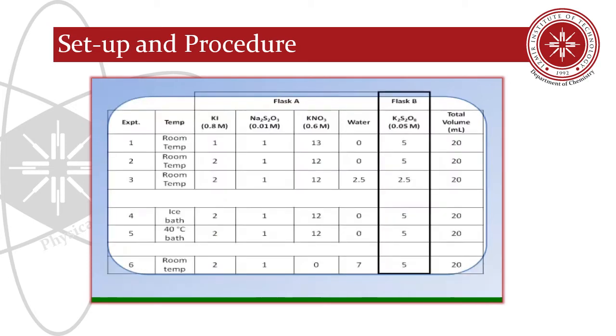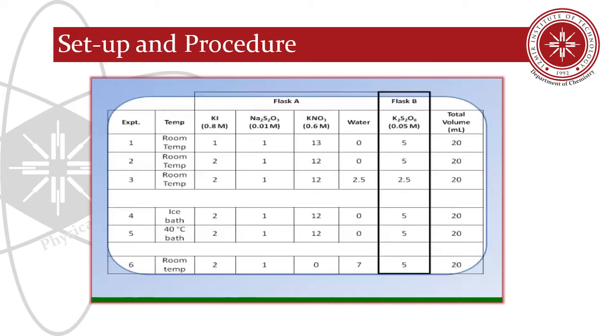So here are the range of solutions we're going to be using in our iodine clock experiments. In the first three experiments, 1 to 3, we're varying the concentration, either of the iodide, I-, or the persulfate, S2O8 2-. You can see in going from experiment 1 to experiment 2, we've doubled the concentration of the iodide, but kept the persulfate constant.